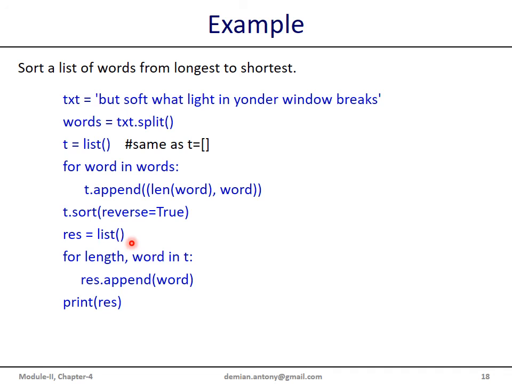If you print that result list, we get all the words in the descending order of the word length. This is a three phase program. First phase is we split the words and create a list. Then we create a list of tuples, and finally we sort and we restore only the sorted words based on the word length.